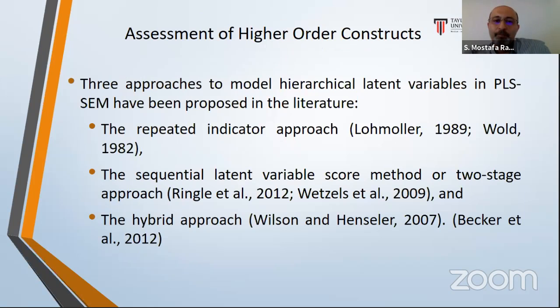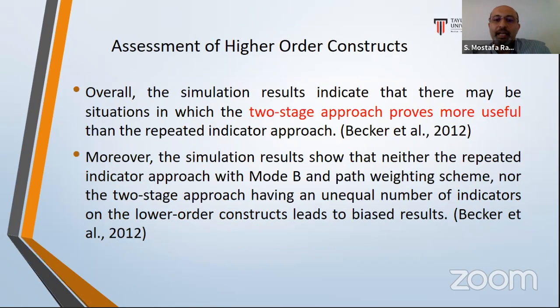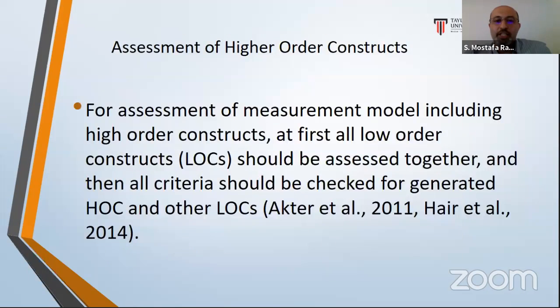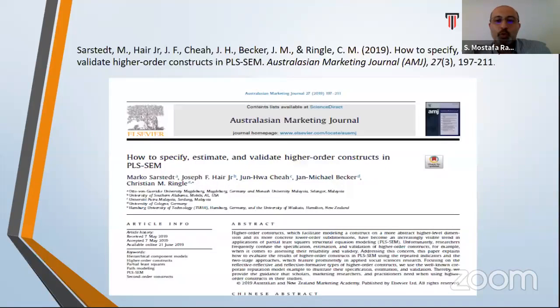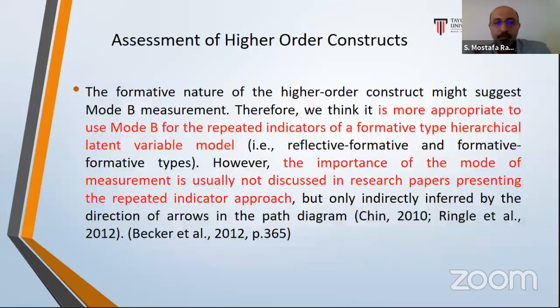So this is the traditional understanding and practice for repeated indicator. But Becker and his colleagues, after their simulation, suggested using mode B for repeated indicators of a formative higher order.